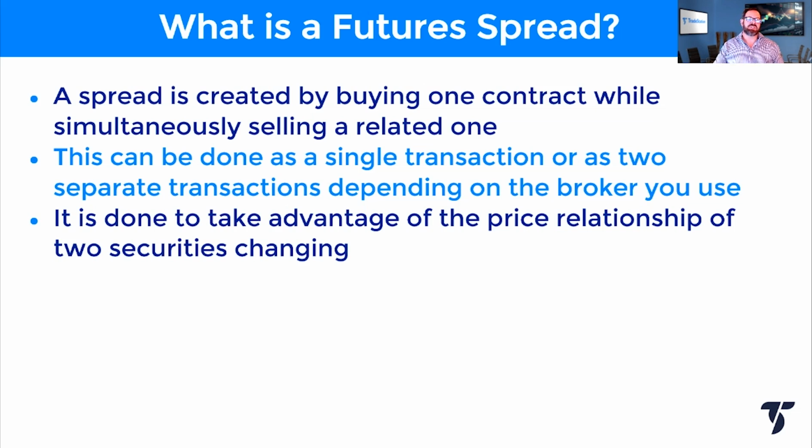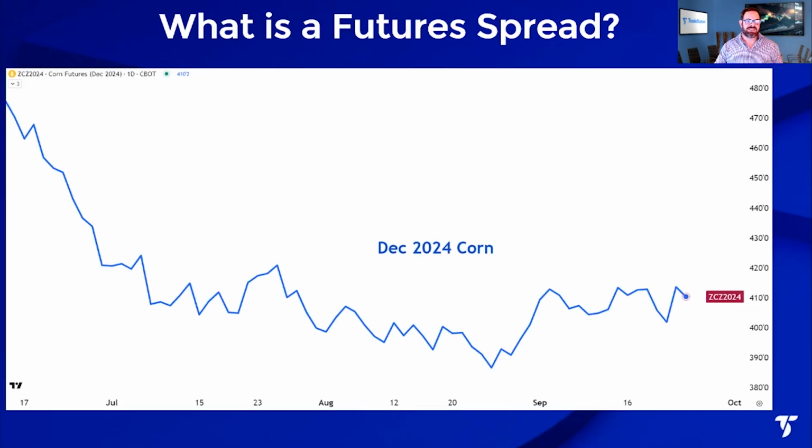And you're basically doing this to take advantage of the relationship between the two securities. So instead of trading a futures contract against the US dollar, where you buy a contract hoping it goes up in value, or you sell a contract and it goes down in value, you're basically trading one contract against another, trying to trade the variation between those two related contracts. So we'll talk about how that works.